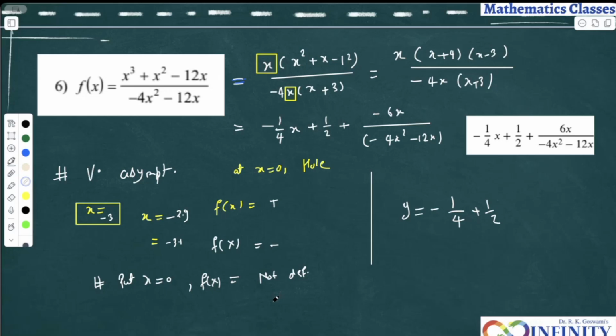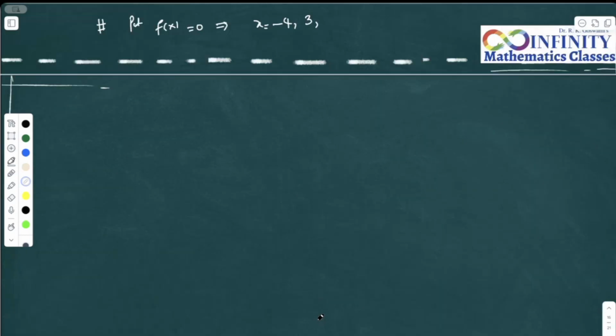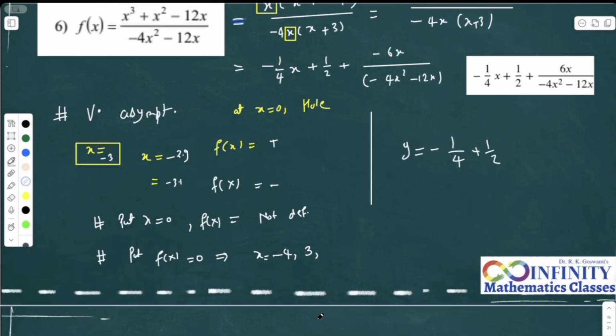Yeah. So next, I'm asking you to just put f(x) equals 0. Tell me. It's going to be -4 and 3, and I'm not including 0 there, because the function is not defined at 0. Okay, so keeping in mind these points, give me a second. Let me just use Desmos to plot up to this point.